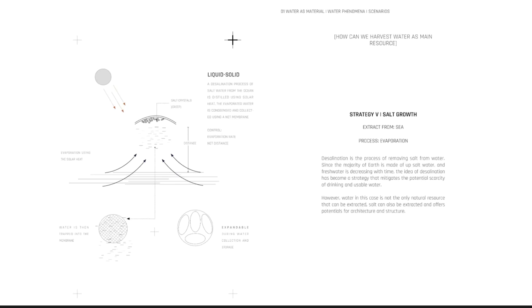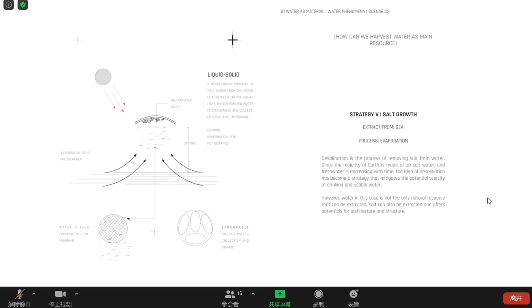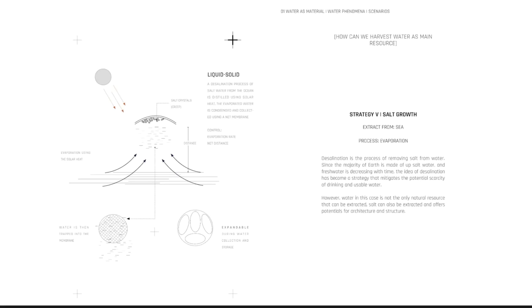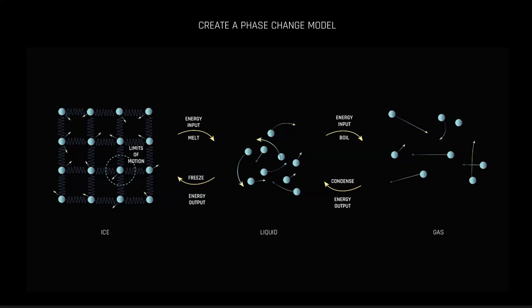And then this is another strategy where we looked into water desalination from the sea, and how we could use the salt after evaporation of the water as a layer in the material that can attach to it and perform a certain function.